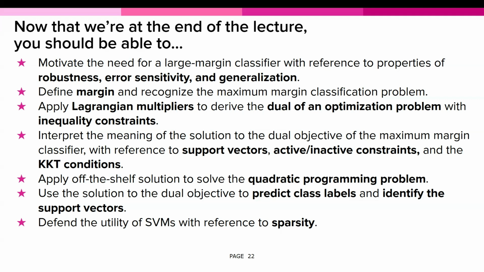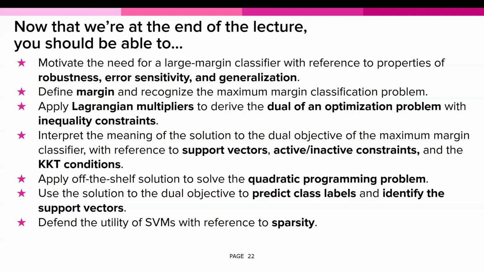We also saw how to apply an off-the-shelf solution to solve the quadratic programming problem, and then use that solution to predict class labels, as well as identify support vectors.